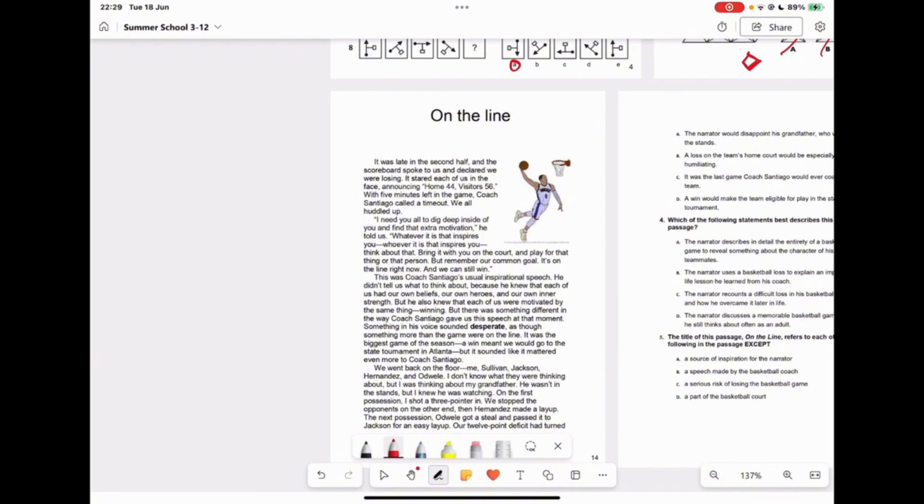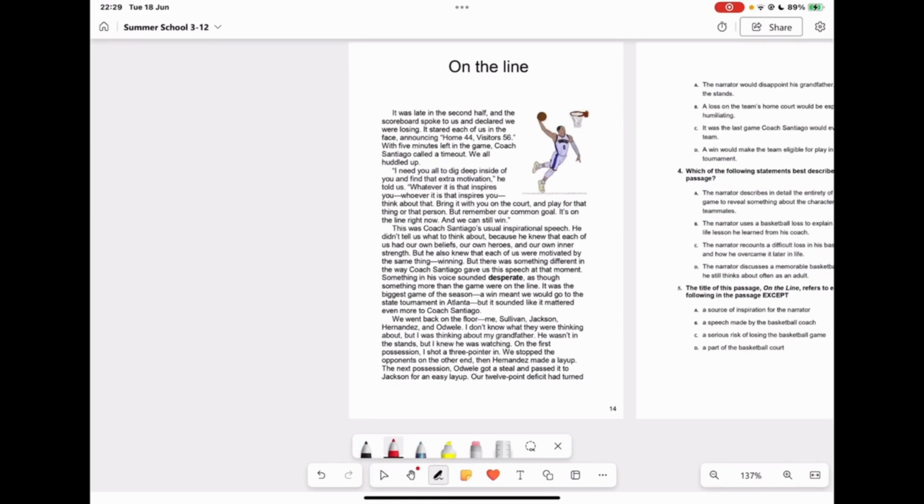We all huddled up. "I need you all to dig deep inside of you and find that extra motivation," he told us. "Whatever it is that inspires you, whoever it is that inspires you, think about that, bring it with you on the court, and play for that thing or that person. But remember our common goal. It's on the line right now, and we can still win."